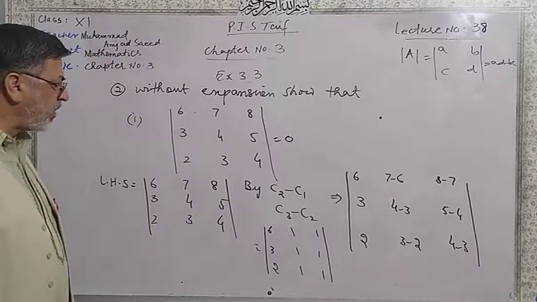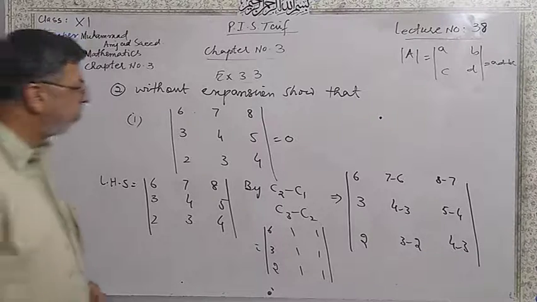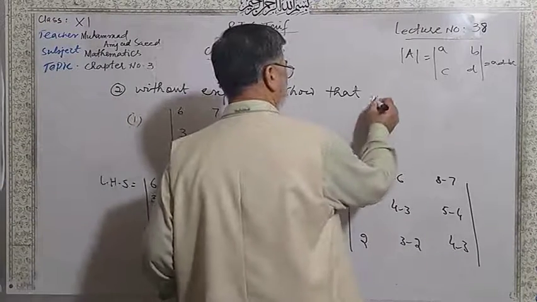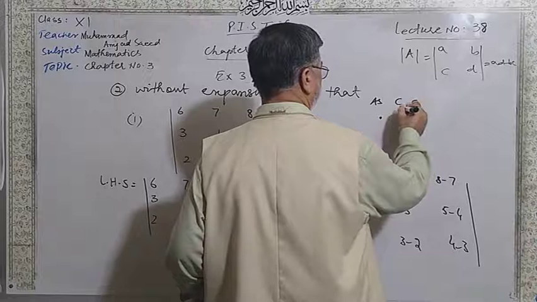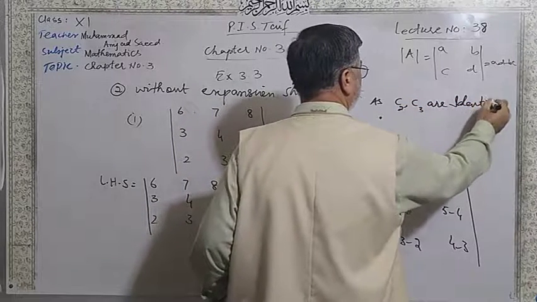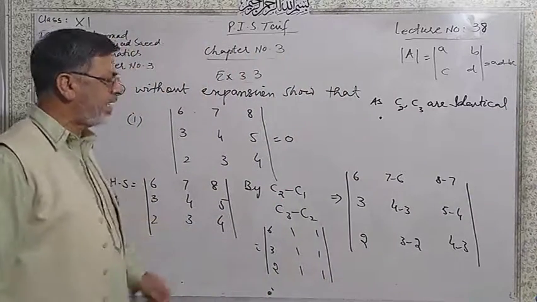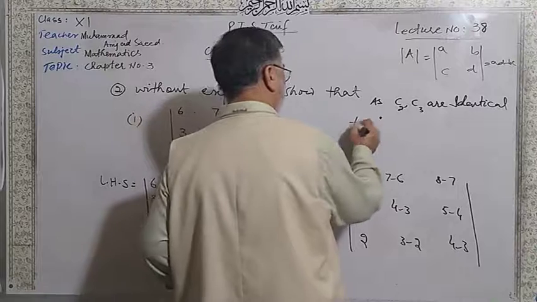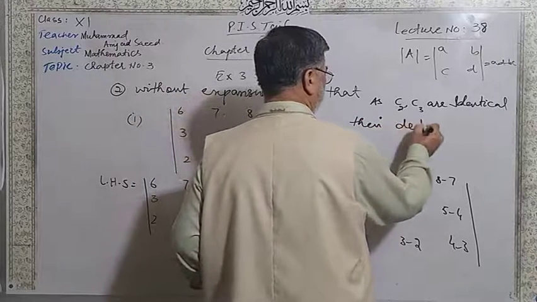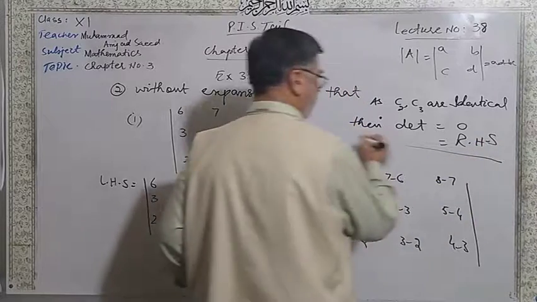As you know, C2 and C3 are identical. I told you if two rows or two columns are identical, then the determinant will be equal to 0, which is equal to the right hand side.